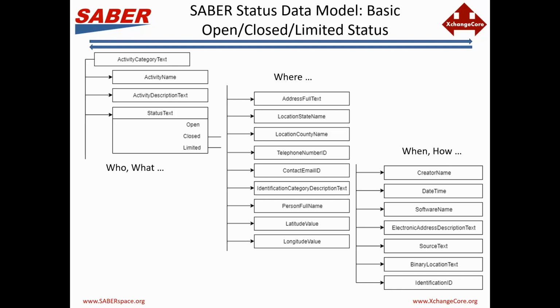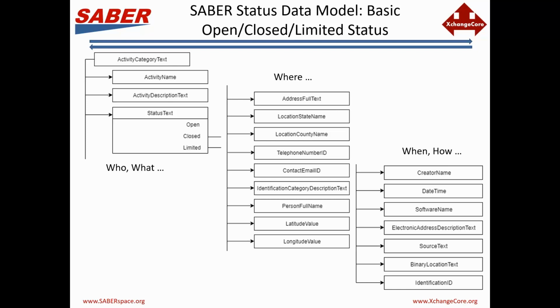So, who and what? We've got some name information there, we've got a description, and we've got the status, open, closed, or limited. Next set of information is where. It's basically latitude and longitude, addresses, telephone numbers, all that stuff about where that location is. And then finally, the last little bit is when and how.